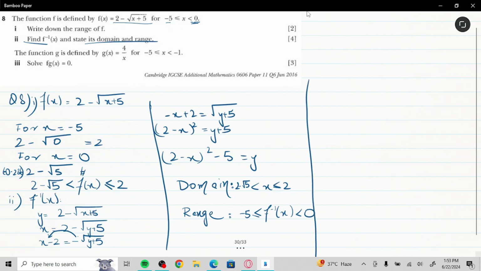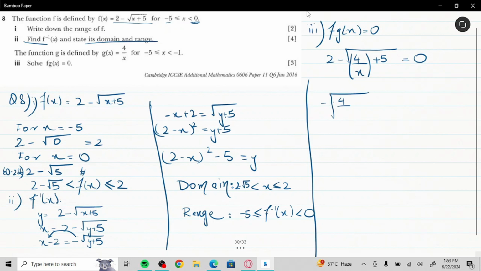For part 3, we have to solve fg(x) equals 0. We have been given the g(x) equation. Just input g(x) into f. So 2 minus under root, instead of x, we write 4 upon x, 4 upon x plus 5, and this whole is equal to 0. So minus under root 4 upon x plus 5 equals minus 2.